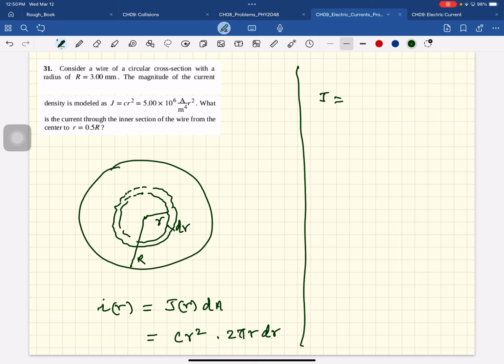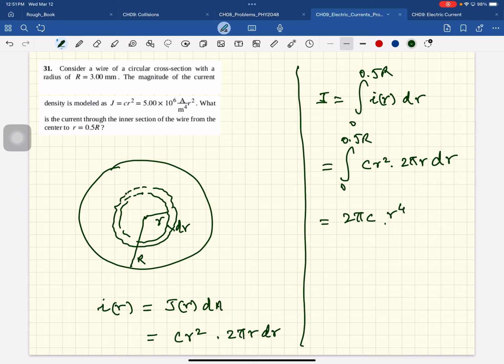So that's the current through this ring, and you're adding all the rings, going from 0 to 0.5 R. So it's 2 pi C R to the power 4 by 4, from 0 to 0.5 R. That gives 2 pi C by 4 times 0.5 R to the power 4.